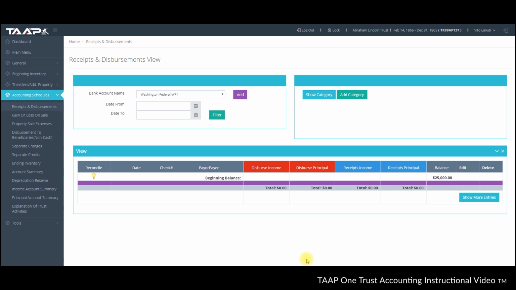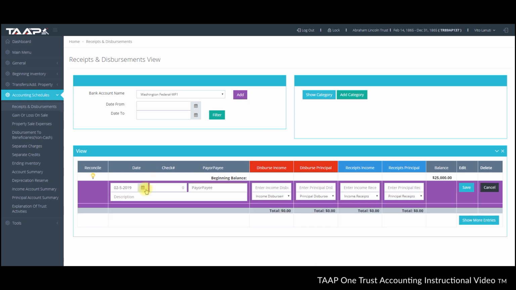So let's make a couple of practice entries here to see how this works. This is Abe Lincoln, so we're going to put in 2/5/1863. Okay, and he receives a dividend. This is in a blind trust, but he receives a dividend from Pabst Brewing Company.